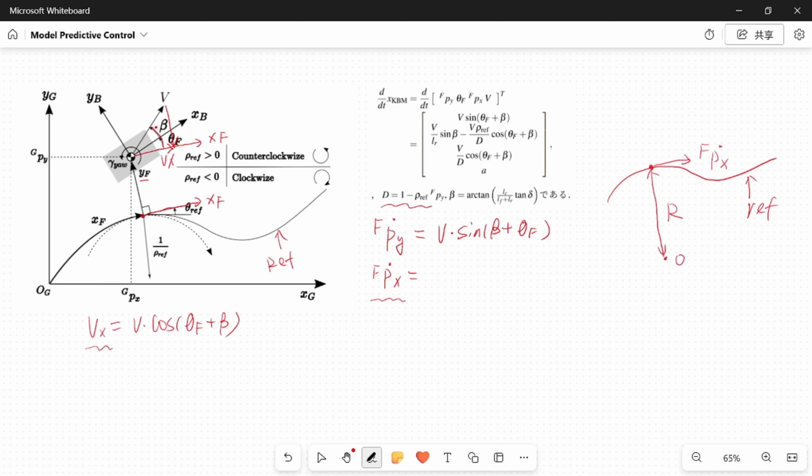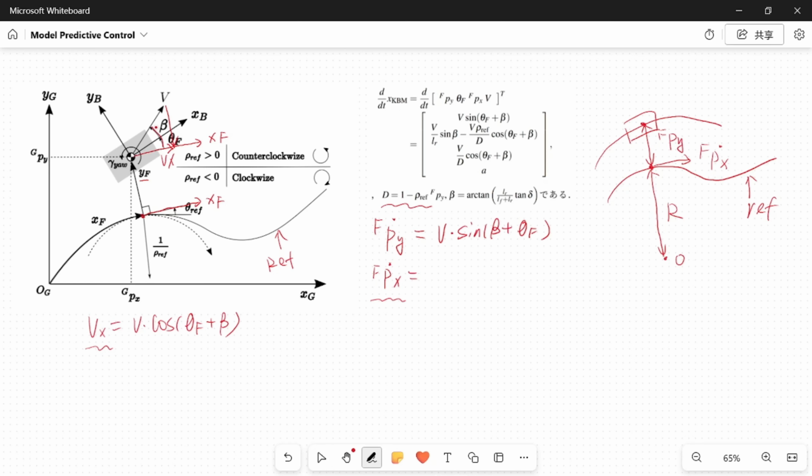R is the radius, and O is the center of the circle. Now, the vehicle is out of the circle, and it runs on the concentric circle. This is the CG. And this distance between CG and this point is FPY.